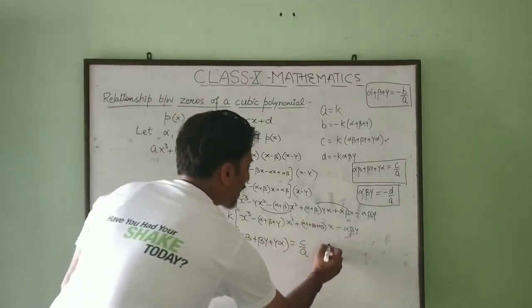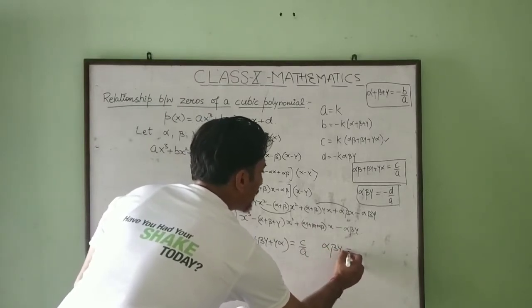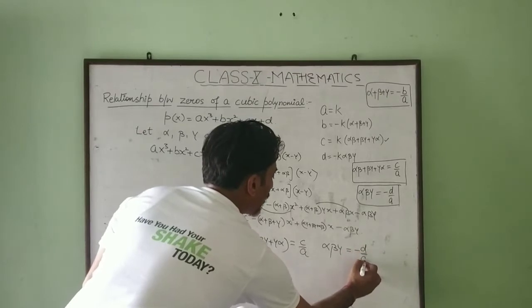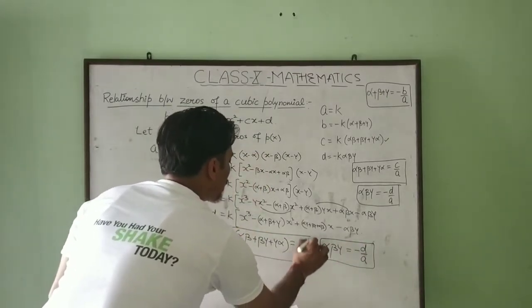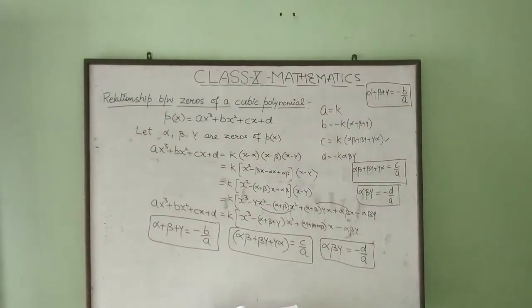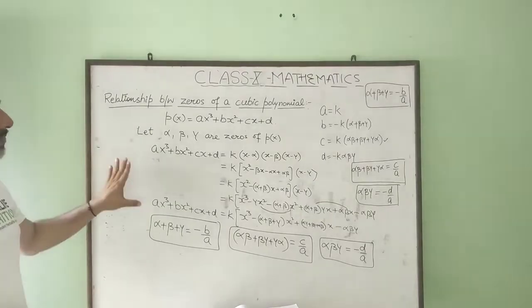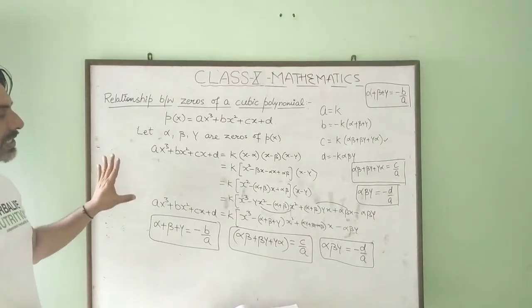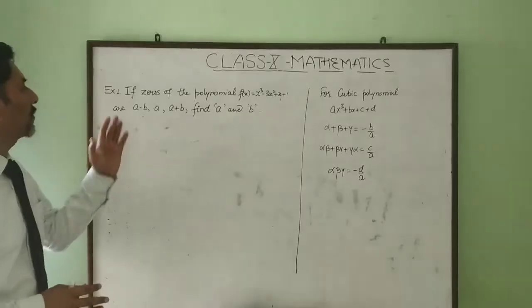And the last, the product of zeros, alpha beta gamma, equals minus d upon a. So the way we found the relationship between the zeros of a quadratic polynomial, in the same way we can find the relationship between the zeros of a cubic polynomial also.